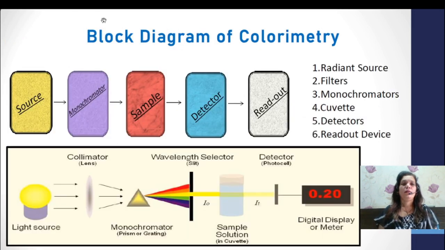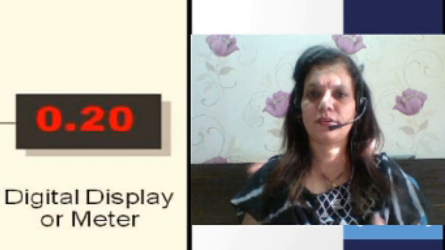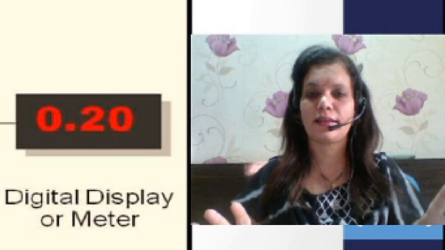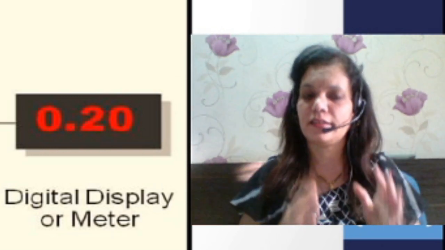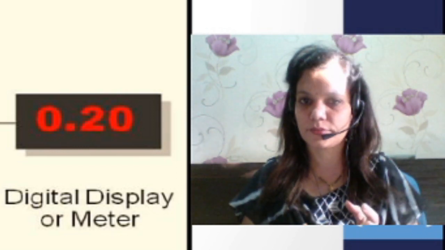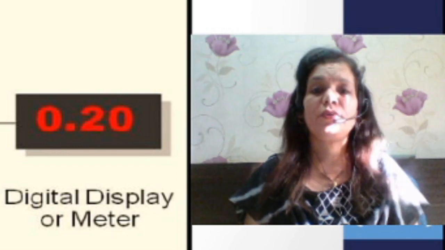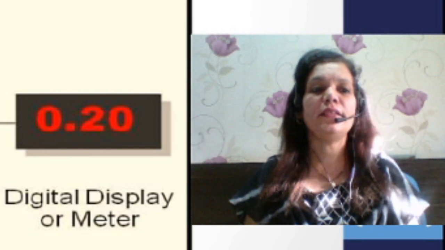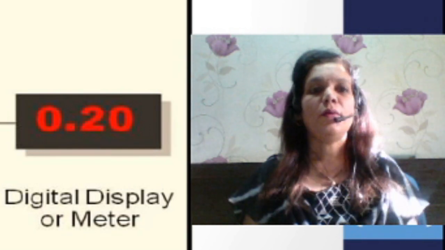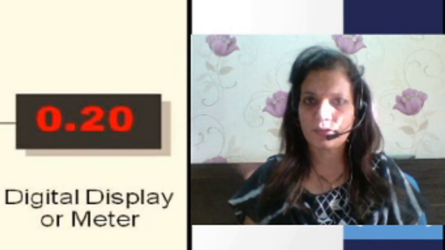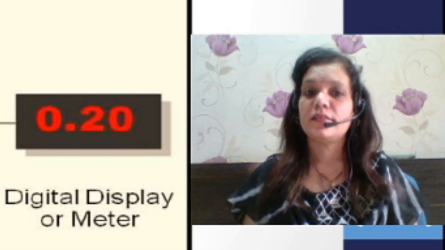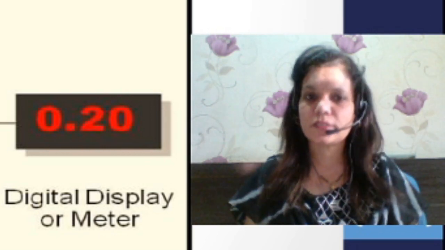Now, if we try to construct this instrument for colorimetry and spectrophotometry, or draw the block diagram, considering the statement that a beam of monochromatic light is allowed to pass through the sample solution, what we need is a source of light, a monochromator to convert it to a single beam of light, sample solution, colored solution, detector and readout device.